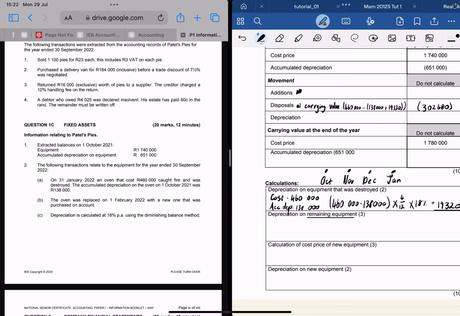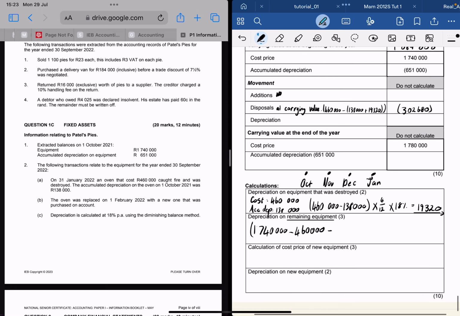So how are we going to work out the cost of our remaining equipment? We know our equipment was 174,000. But remember, it's asking about the remaining equipment. So we need to take out the equipment that we sold, this 460K. Now we know we're working with diminishing balance, so we need to find the cost price.